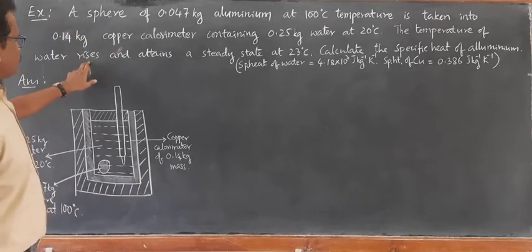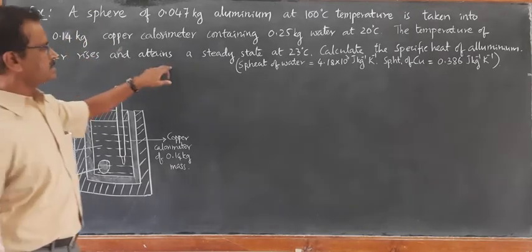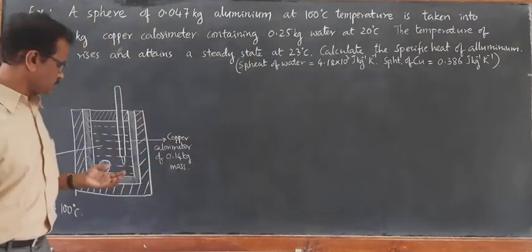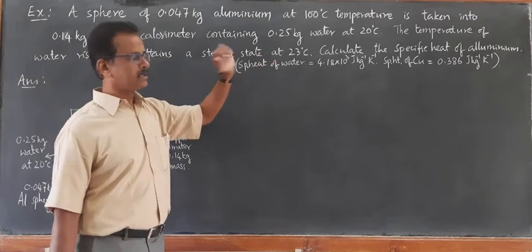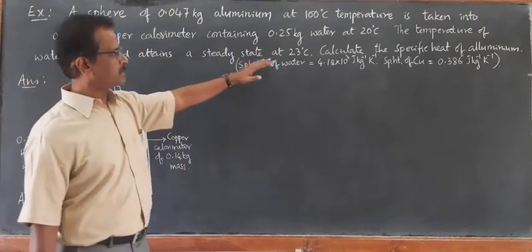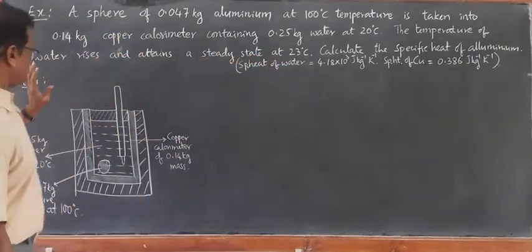The temperature of water rises and attains a steady state of 23 degrees Celsius. You are asked to calculate the specific heat of the aluminium sphere.